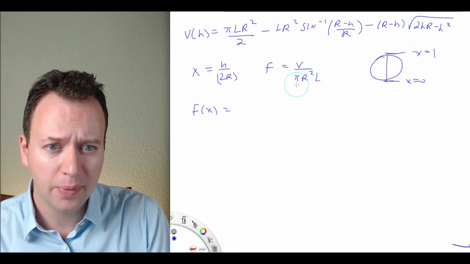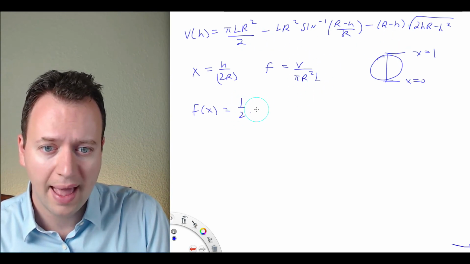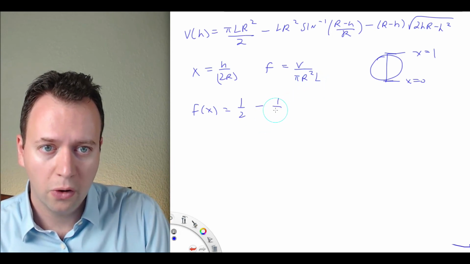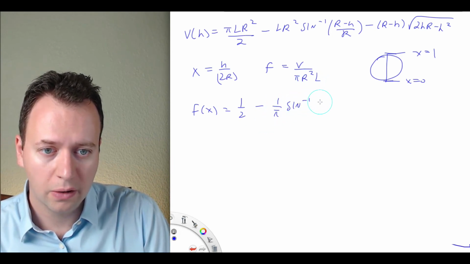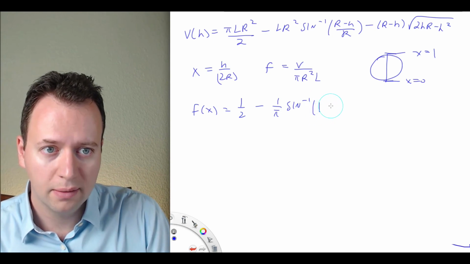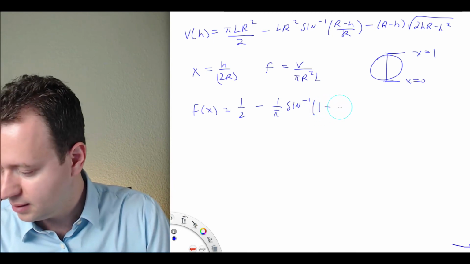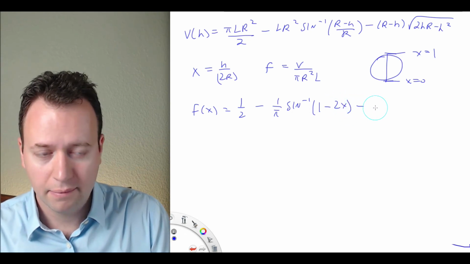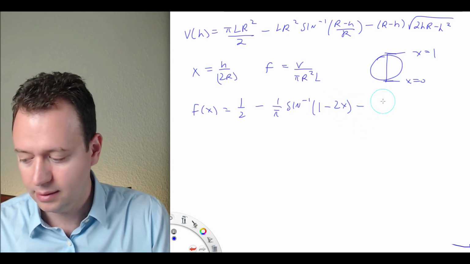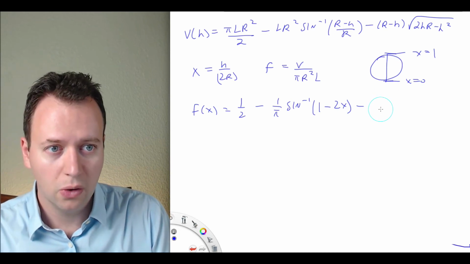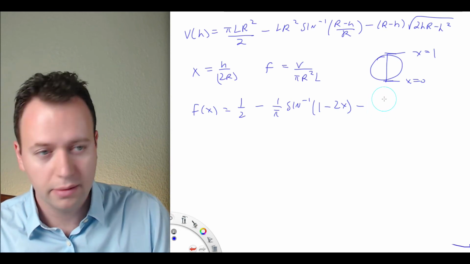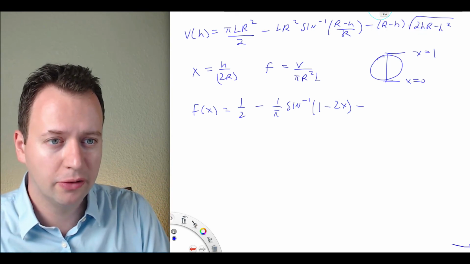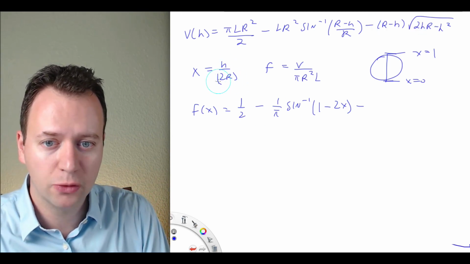So dividing this by pi r squared L, we get 1/2 minus 1 over pi arc sine of 1 minus 2x, minus, so r minus h. This last term, let's just replace h with 2r.